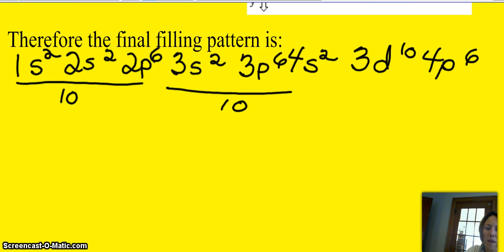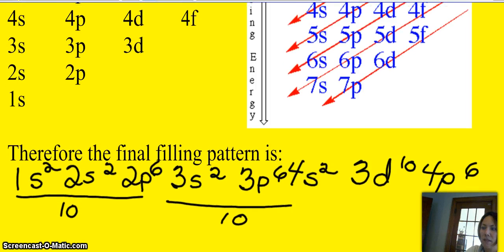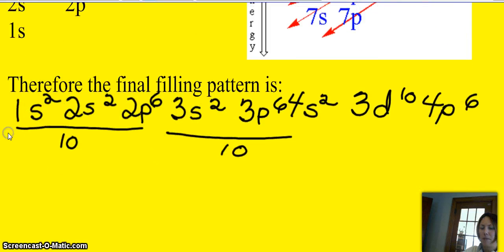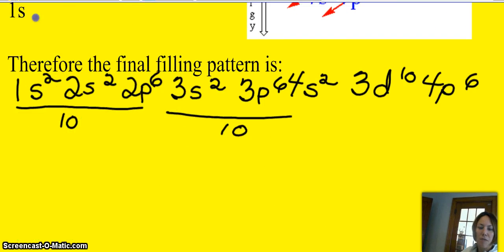After 4p comes 5s, right? Let me see, 4p6, 5s, and then 4d. So you just keep filling along the diagonal.